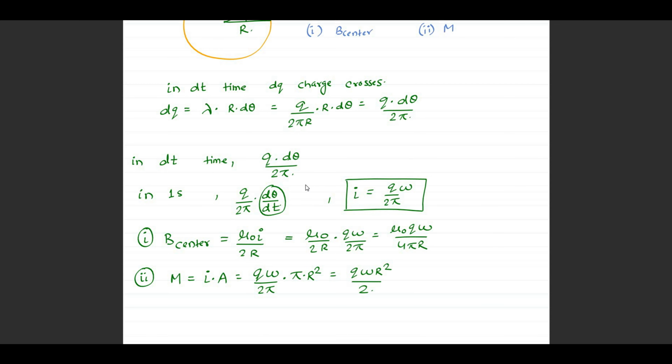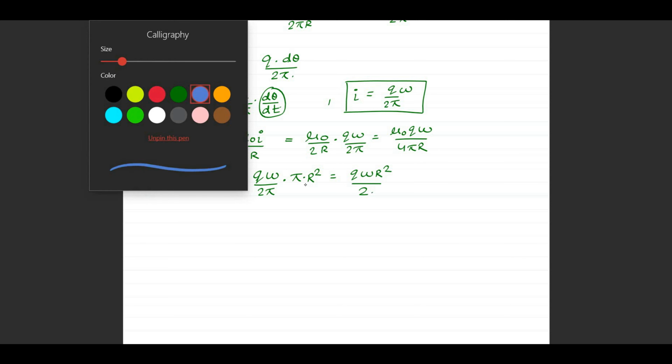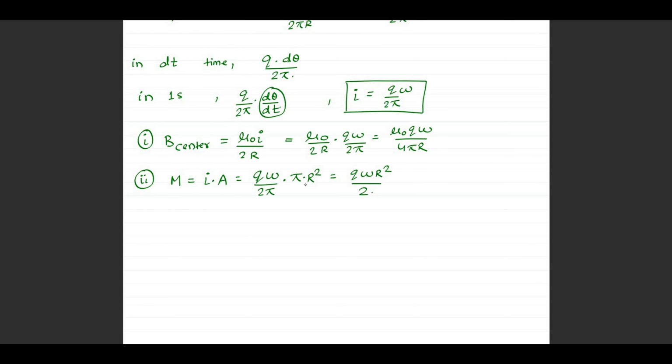I also want to take your attention to one more point here. If I consider angular momentum magnitude, I can write that as m r square, because the mass is spread on a ring, and for a ring, the moment of inertia about an axis passing through the center and perpendicular to the plane is m r square.